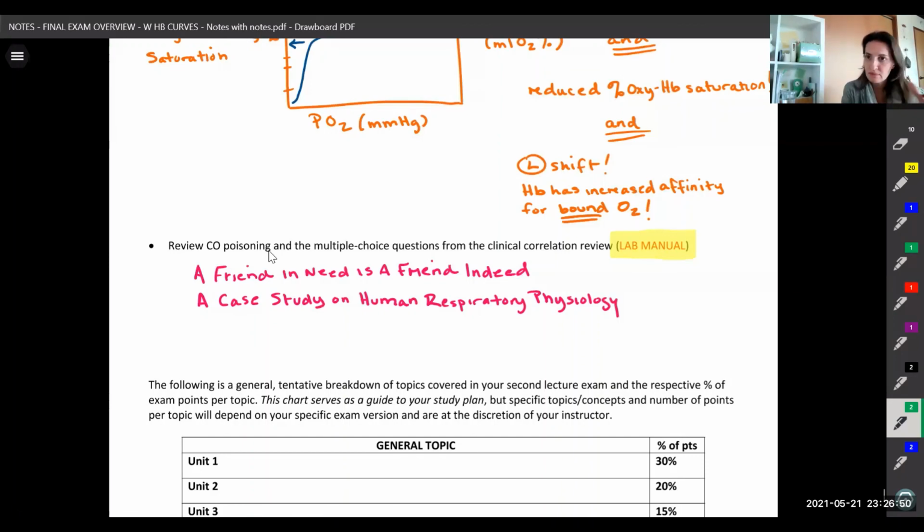And of course, come to me with any questions you may have about the oxyhemoglobin dissociation curve that's shown there, or any of the other questions about treatments or what have you. But expect at least a few questions actually directly from that case study on this exam. So don't forget to review that, okay?